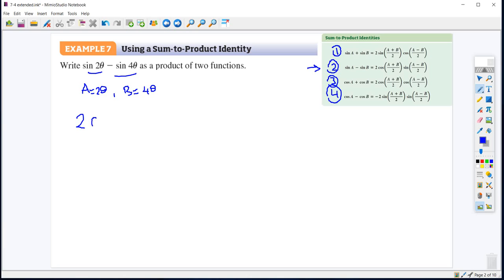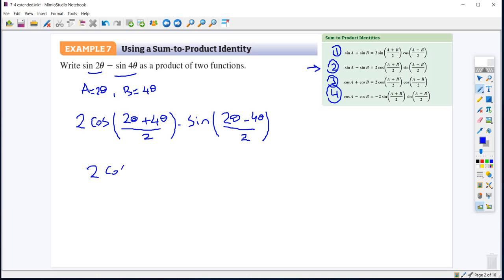It will be 2 cosine of (A plus B) over 2, so A is 2 theta and B is 4 theta, over 2, and sine of (A minus B) over 2, so 2 theta minus 4 theta over 2. Now we simplify.